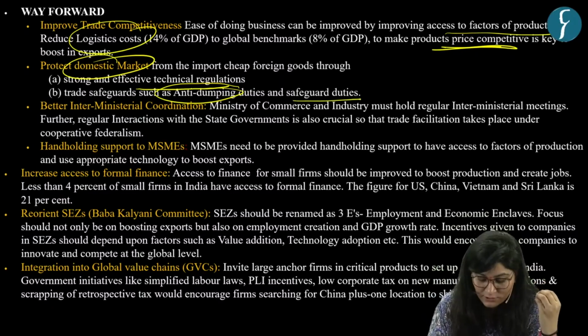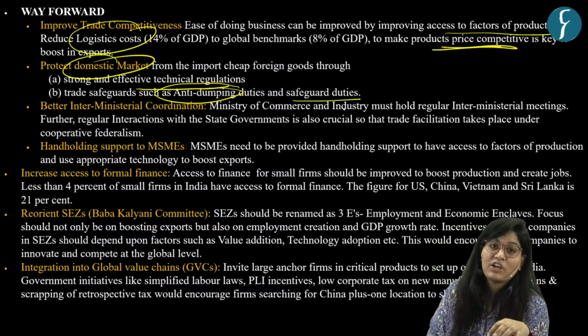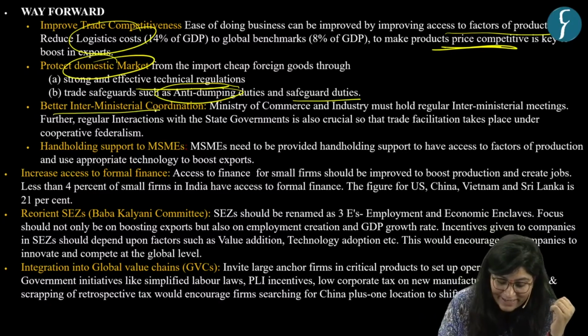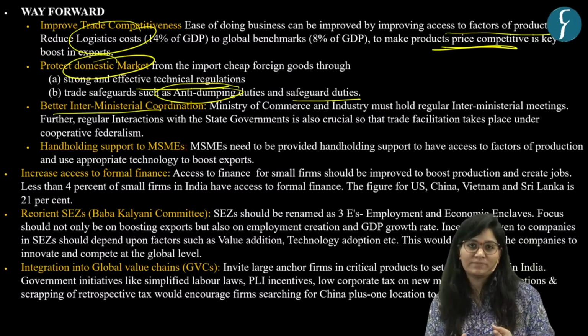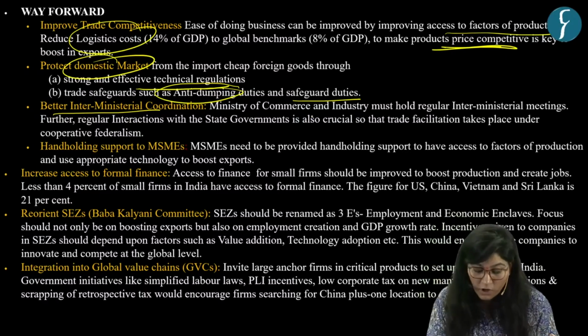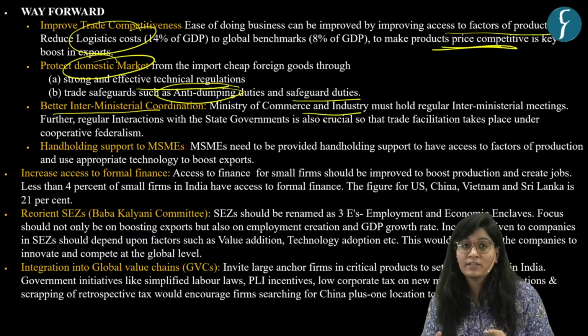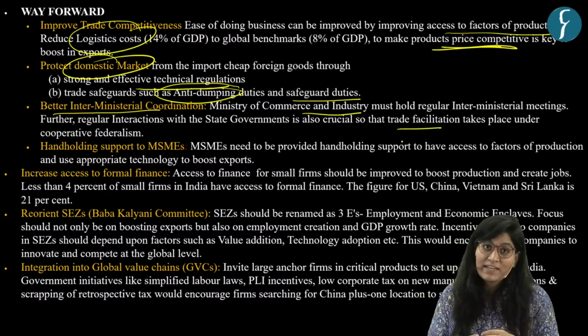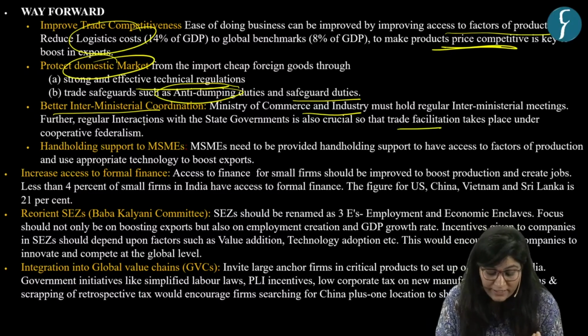Then safeguard duties. Then what is much needed is better interministerial coordination. Better coordination between different ministries like the foreign ministry, Ministry of Commerce and Industry for better trade facilitation. Okay. And we need to have regular interaction with state governments also.